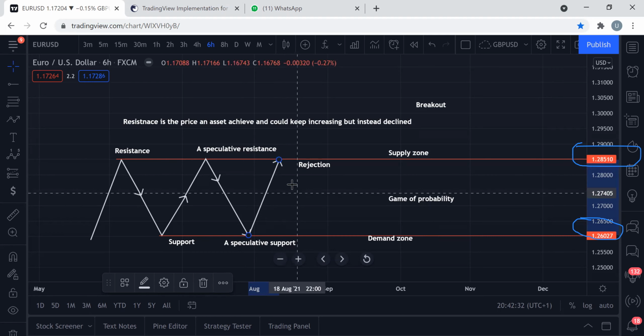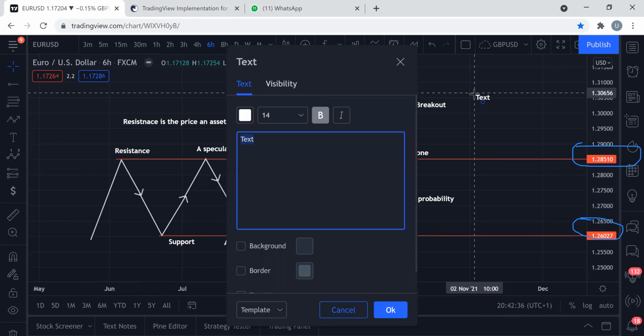There is a way to enter that we call aggressive trading, aggressive entry.